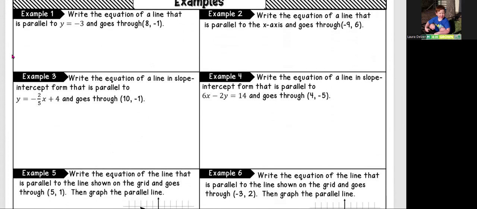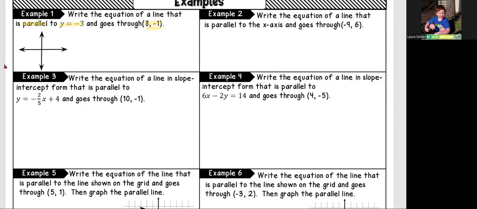All right, so let's read about this problem here. It says write an equation that is parallel to y equals -3, and it goes through this point. This is going to seem a little complicated, but let's draw this out and see what's going on. Because it's y equals -3, I'm going to make a coordinate grid here real fast so that we can get our bearings.